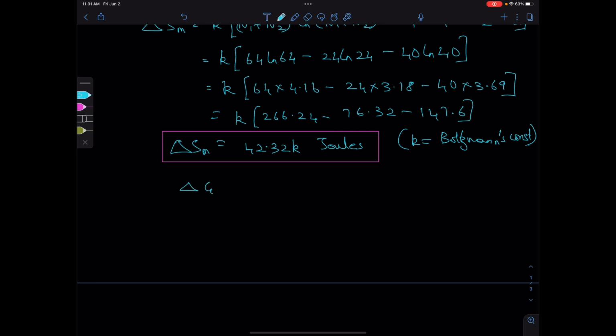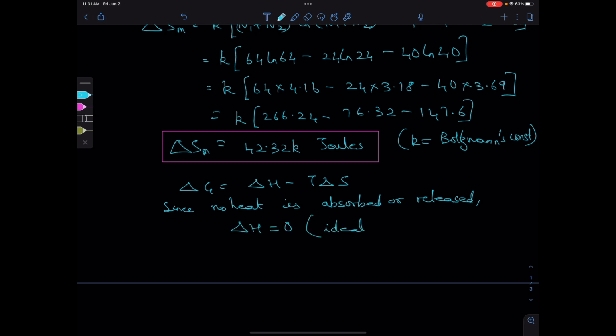Now delta G equals delta H minus T delta S. Since no heat is absorbed or released, delta H is 0, as in the case of ideal solutions.